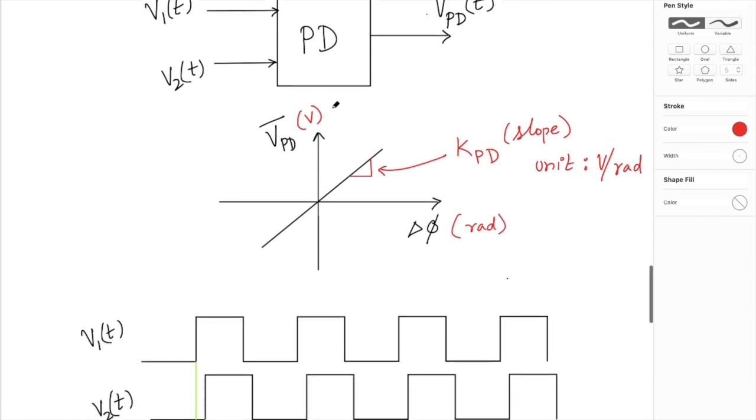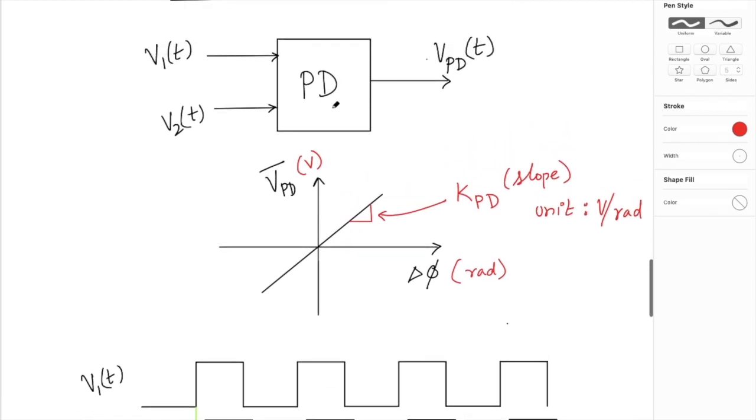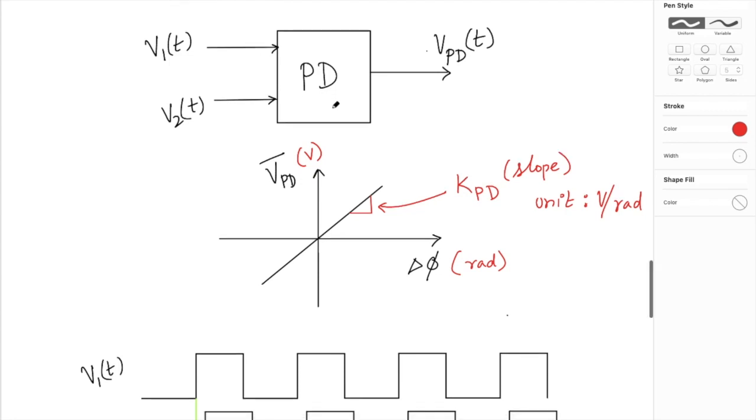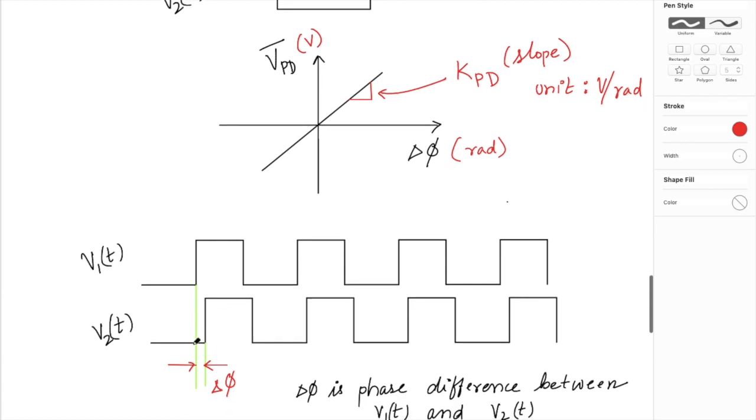Now, if I want to implement this PD with a simple digital circuit, we can think of what digital logic can be used for a PD. The main importance is that if there's a high phase difference, this average voltage should be very large.